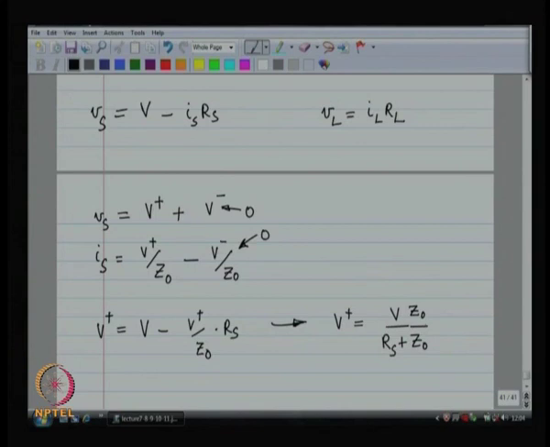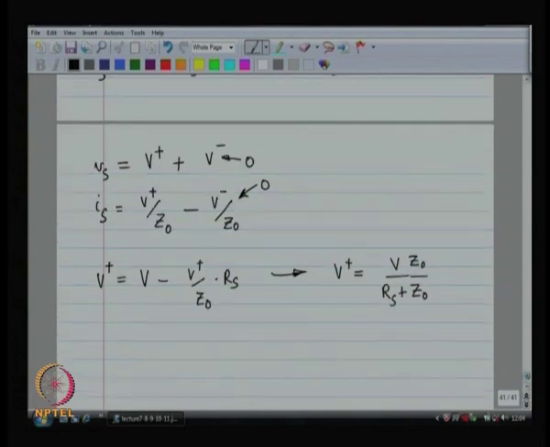Okay, verify this for yourself. All right. So, you basically have to put all the V pluses together and solve the simple equation, and you will get V plus to be equal to V times Z naught by Rs plus Z naught.